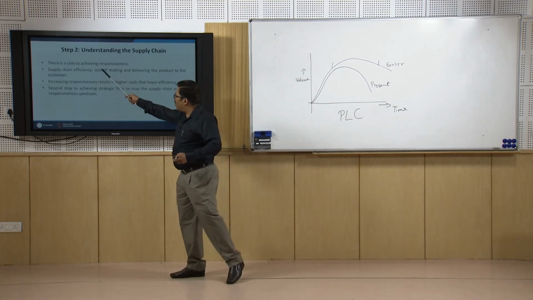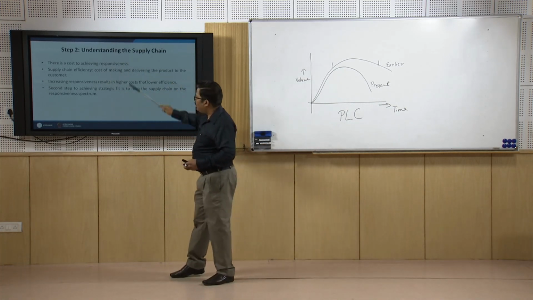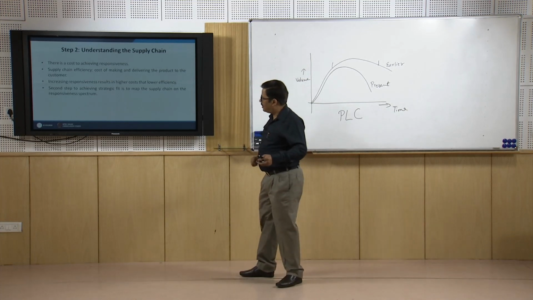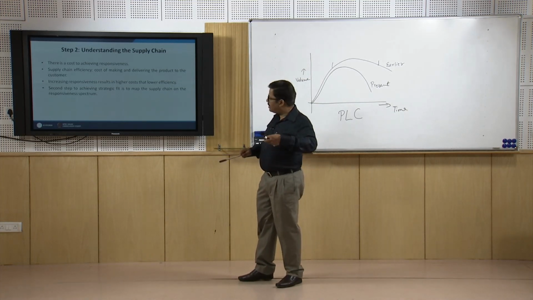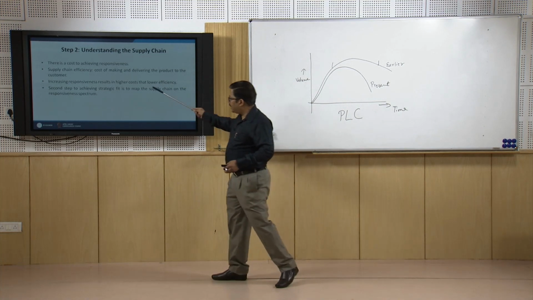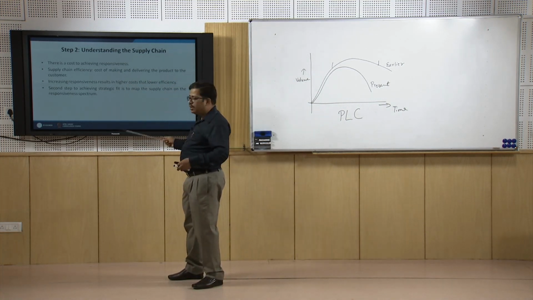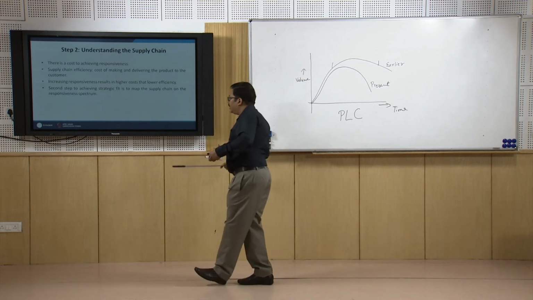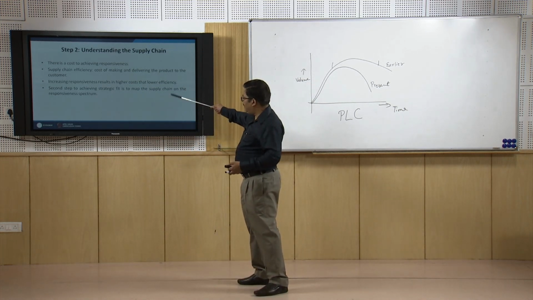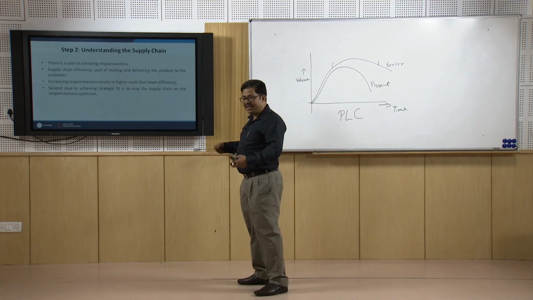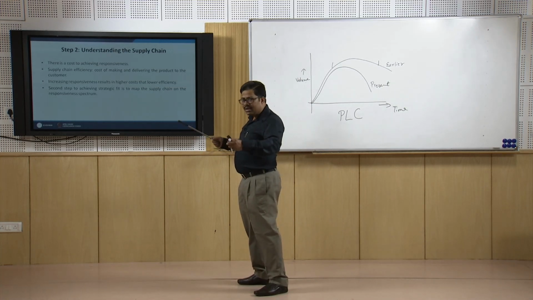Efficiency, we have already discussed, is inversely proportional to the cost of making and delivering the product to the customer. And as we just discussed, increasing responsiveness results in higher cost and lowers the efficiency of the supply chain. So, efficiency and responsiveness are inversely related to each other.